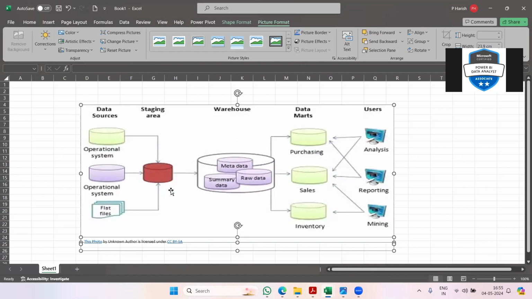So what we are discussing is our day-to-day business, right? Whatever the activity, if a customer goes to a shop and purchases something, then immediately we get a bill. That means a transaction has happened. A bank customer goes to the bank and applies for a loan.